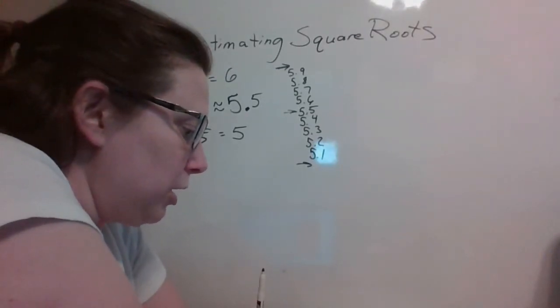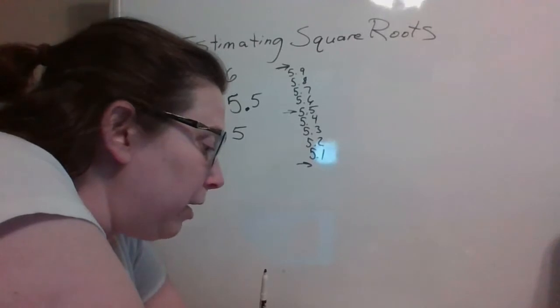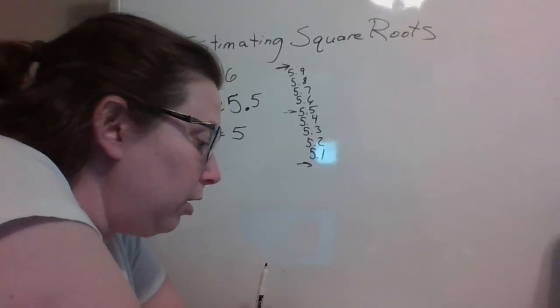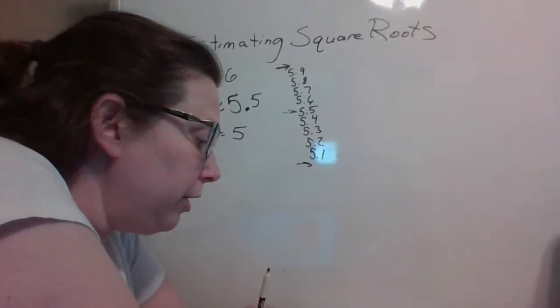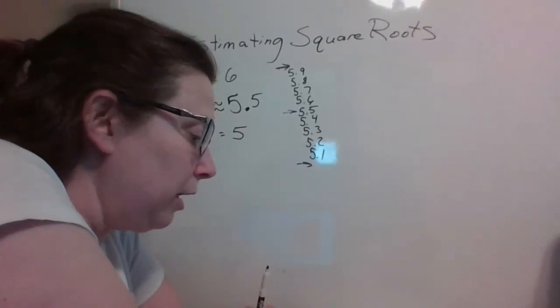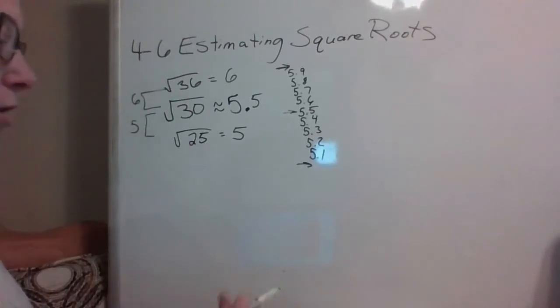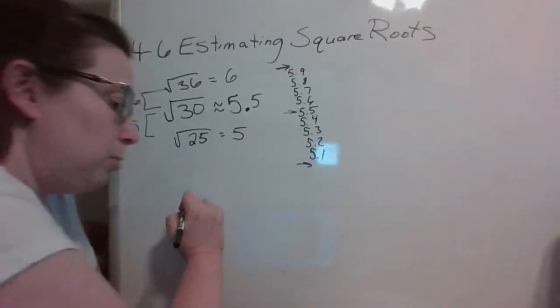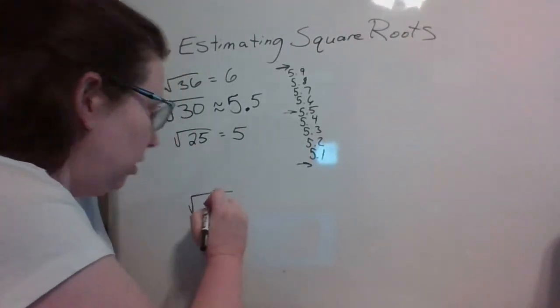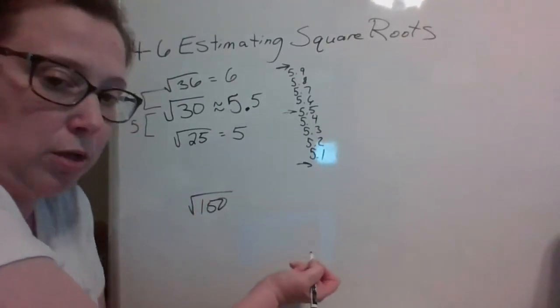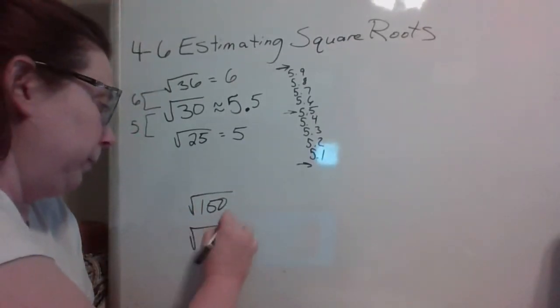The next question here is about a lost hiker and a helicopter covers a square area of 150 miles squared. What is the approximate length of each side of the square? So we're going to do a similar thing here and put 150 in the middle because that's what we're trying to estimate.